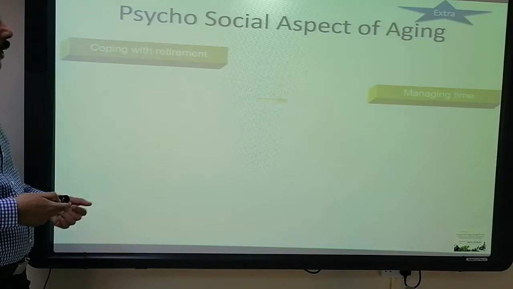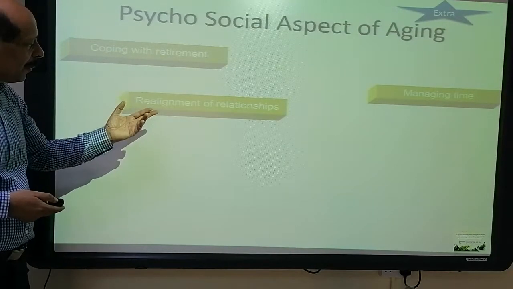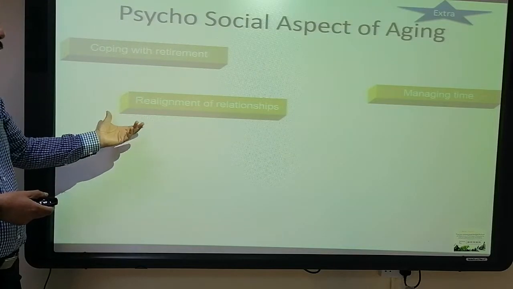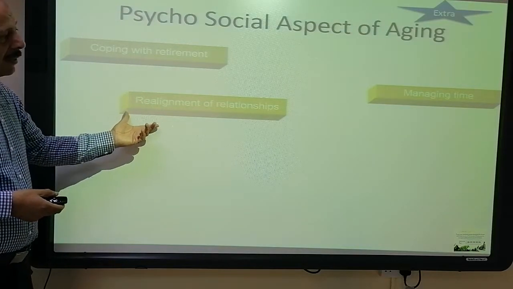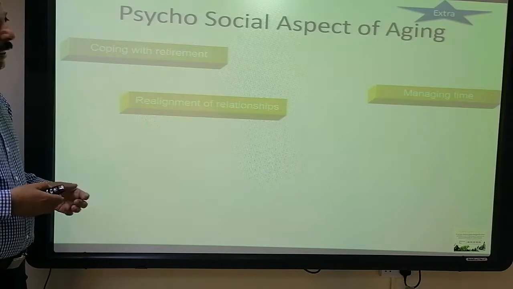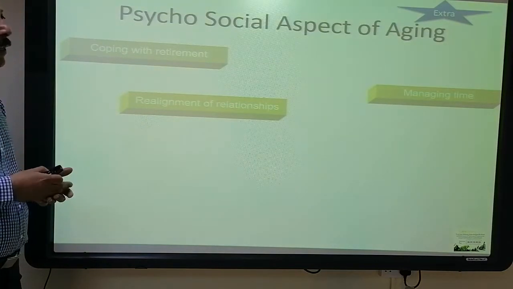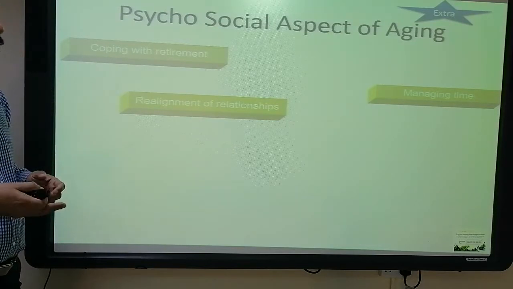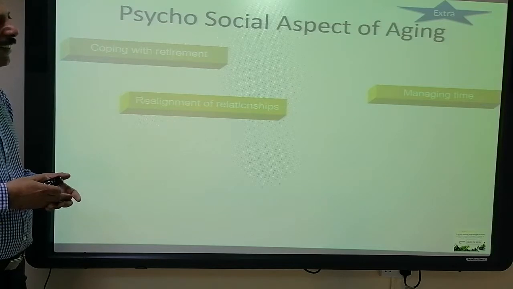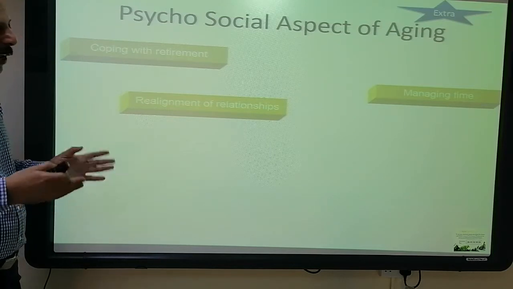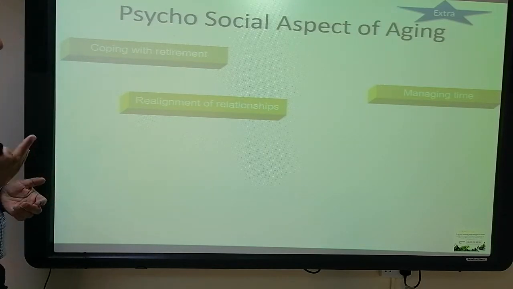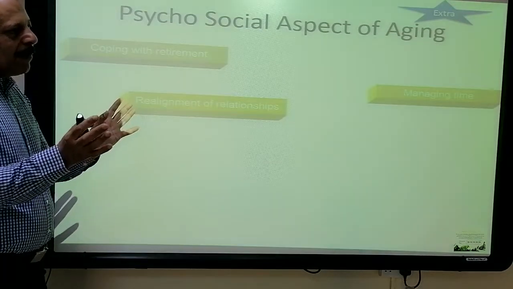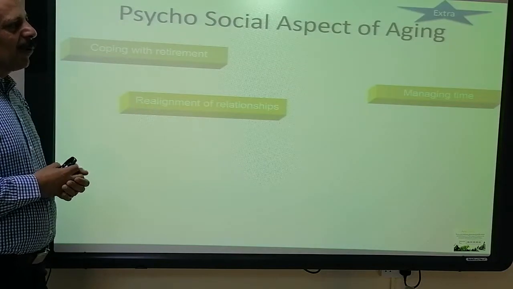So they have to manage their time, and also their relationships with others. Some aging persons might lose their friends, most of their friends who are the same age maybe died, or they are unable to meet them due to illness. Sometimes this will limit their relationships with others.